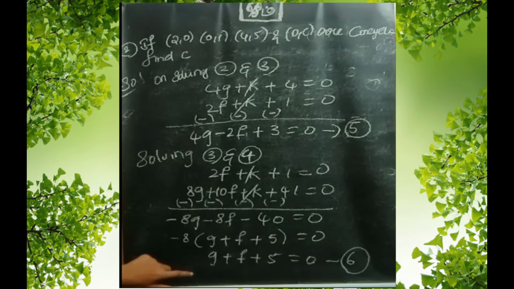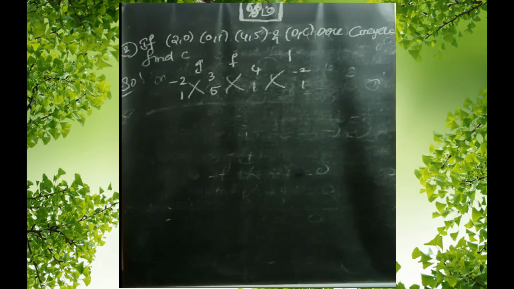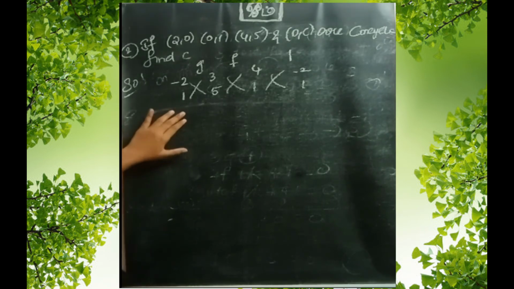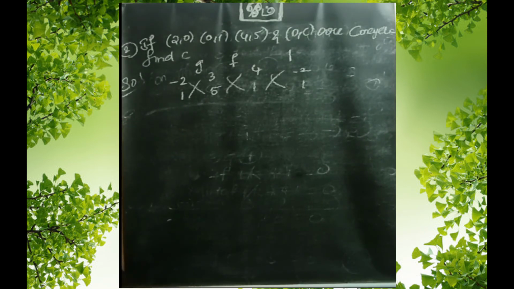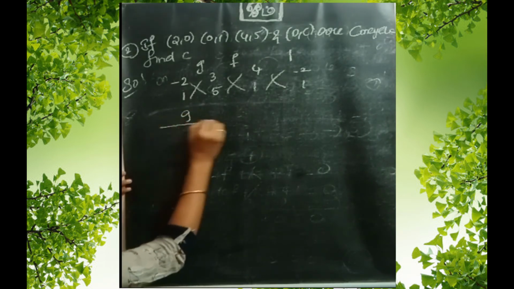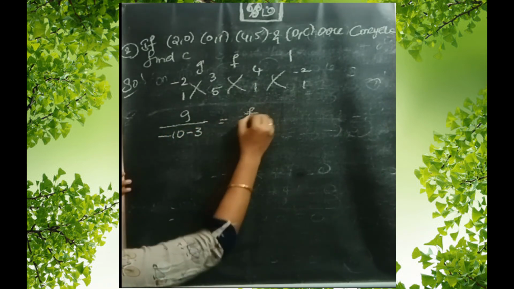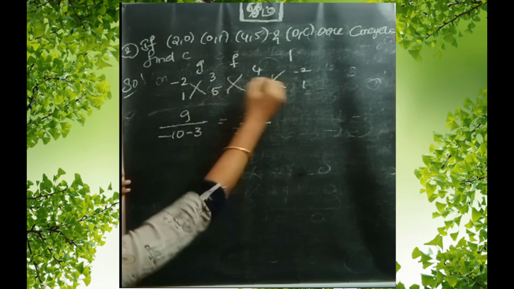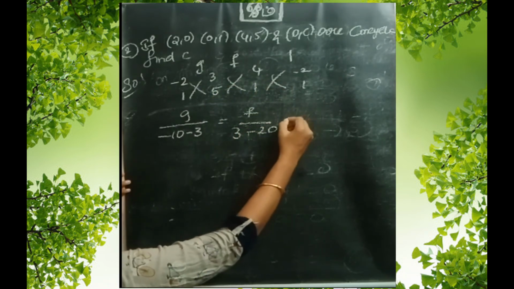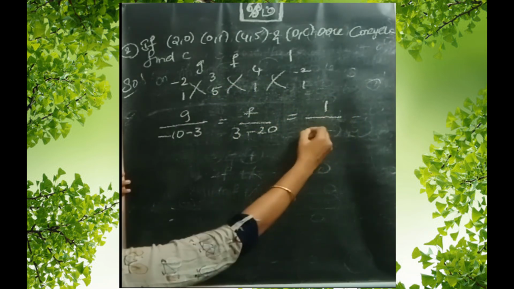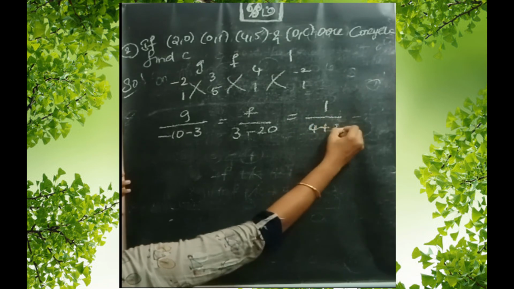Now solving 5 and 6, we will get g and f. So I have taken this method. Why? Because none of the terms is equal in both equations. So g by minus 10 minus 3 equals f by 3, 5 4s are 20 minus 1 by 4 plus 2.